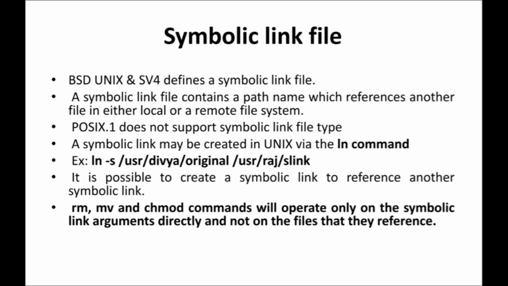Here you can see the divya file contains the symbolic link of the file of Raj. Getting, guys? So this divya file contains the link or path of another file of user Raj.